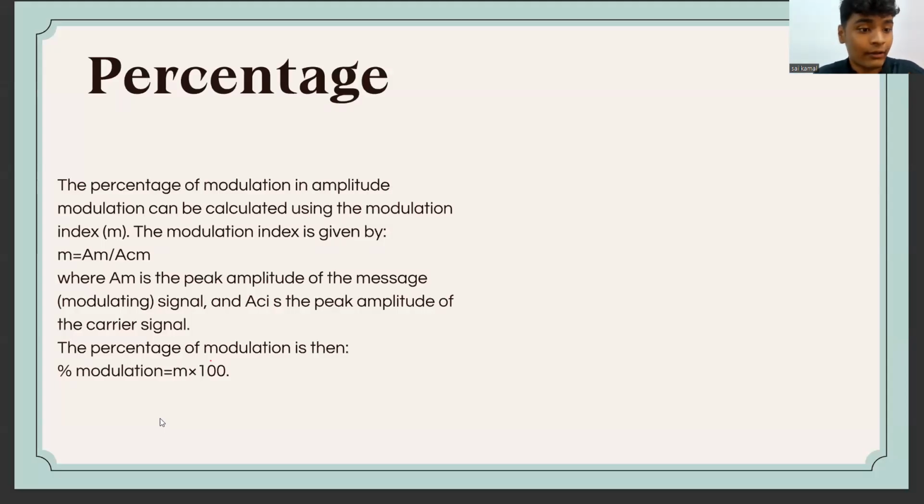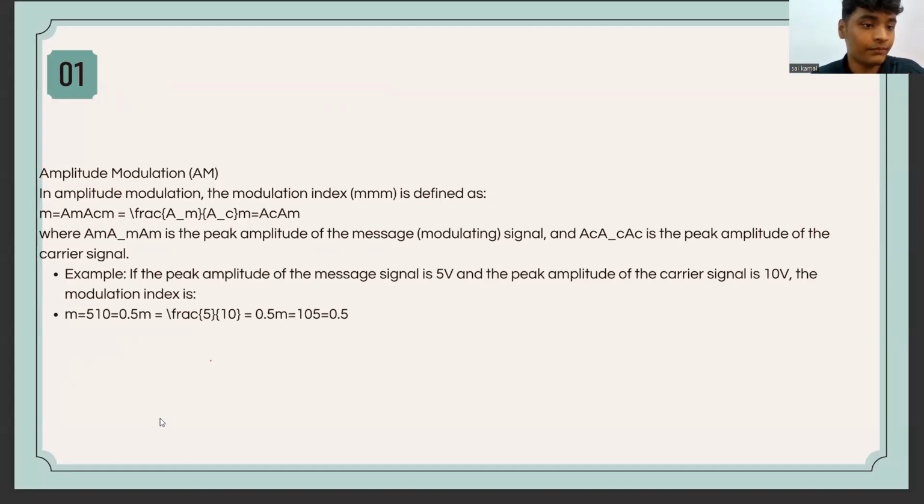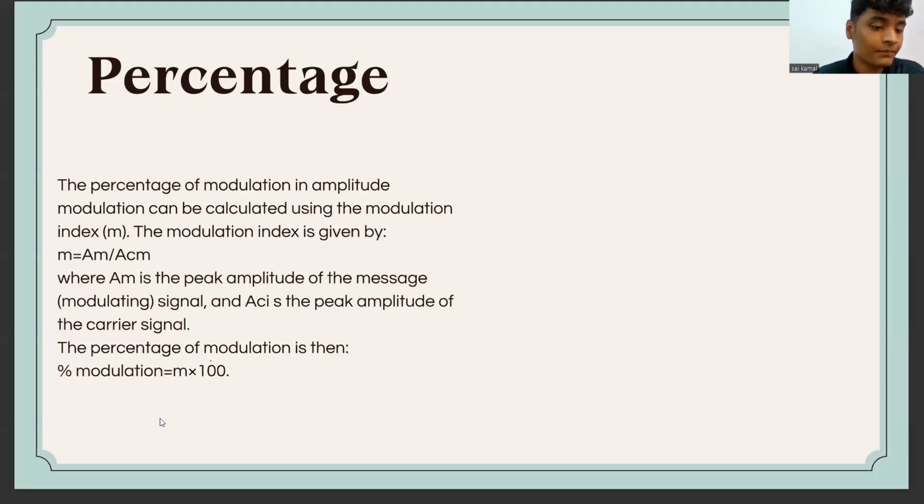After calculating that, we multiply it by 100, which gives the percentage of modulation. As you can see on the screen, the modulation index of amplitude is m equals Am by Ac, where Am is the peak amplitude of the message and Ac is the peak amplitude of the carrier signal. When we get the answer, we multiply it by 100, and then we get the percentage of modulation.